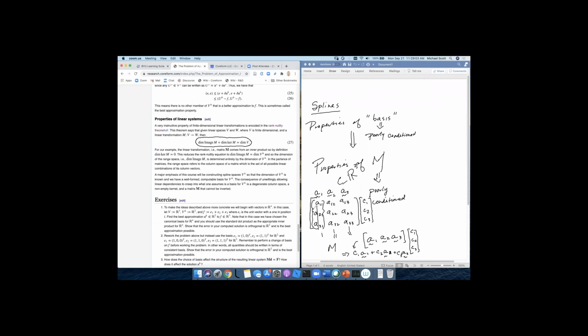And that comes from the basis, because this is nothing more than the coefficients of the operator with respect to the basis that you've chosen. So you can see that you can screw up your column space if you don't have a good basis for your finite element space.